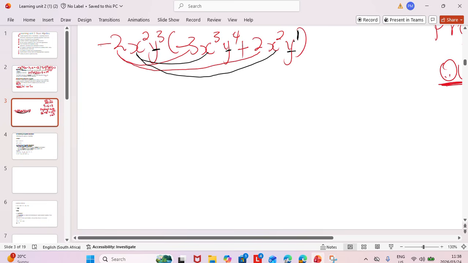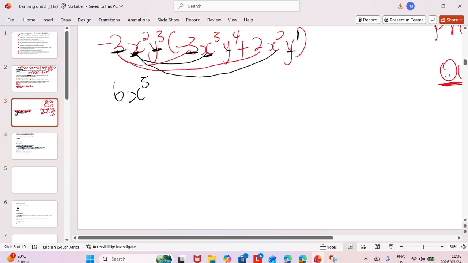Now let us continue. Minus 2 multiplied by negative 3. Negative times a negative is a positive. 2 times 3 is 6. And then what else do we have? x to the power of 2 multiplied by x to the power of 3. The bases are the same. We add the exponents. 2 plus 3 is 5.